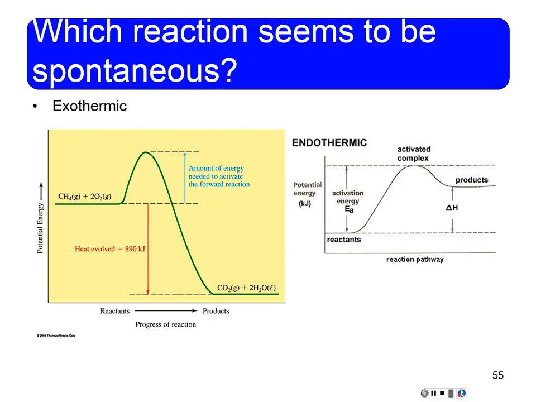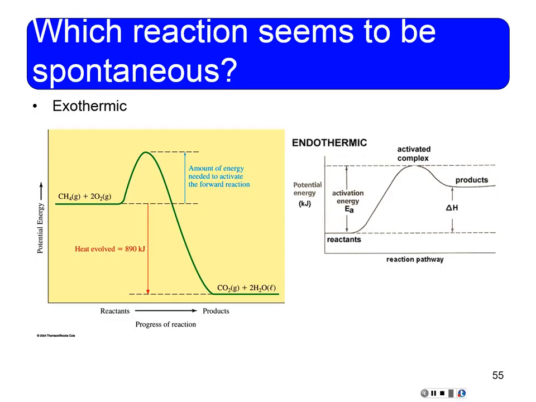Exactly. So up here, okay, your products are higher in energy. So to me, it looks like the reverse would be more likely. Okay, so by looking at these, I would think exothermic would be spontaneous.